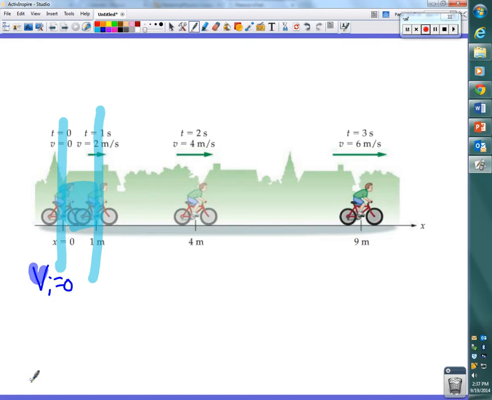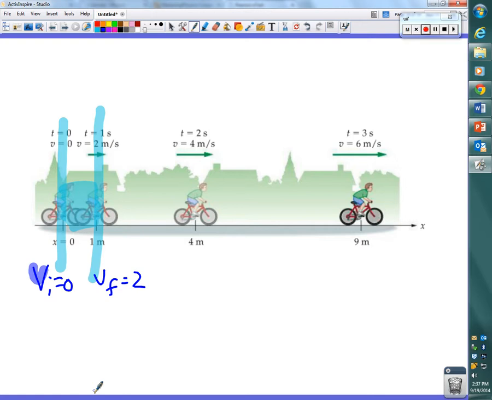What was his final velocity during that interval? 2. What was his average velocity during that interval? 1 meter per second, right? Hopefully, you can kind of see that intuitively. If he started off at 0 and he ended up at 2, the average was 1.